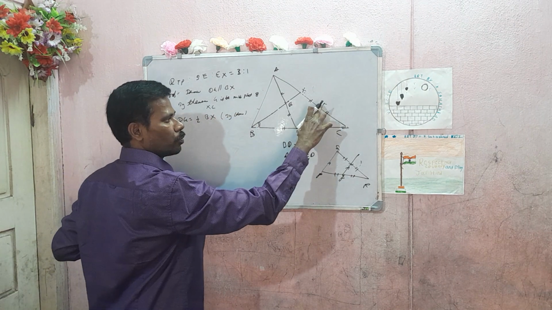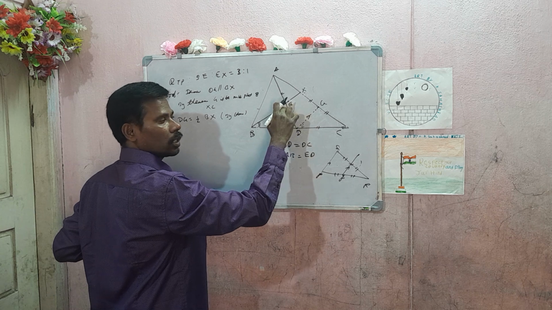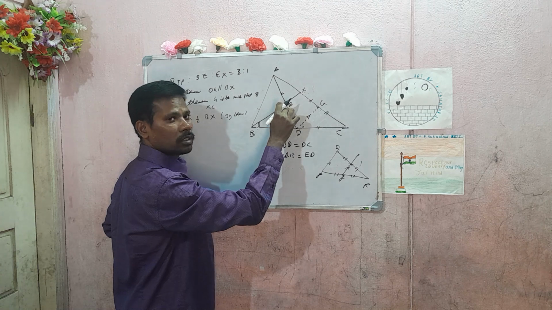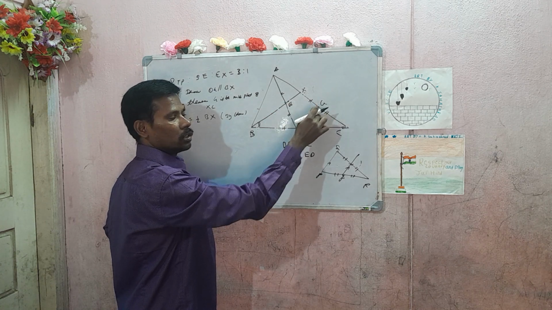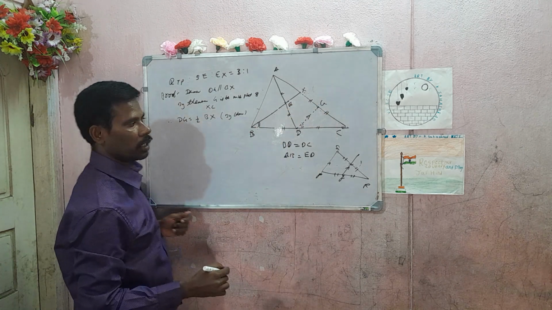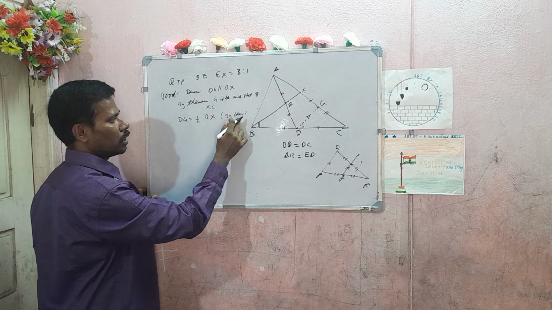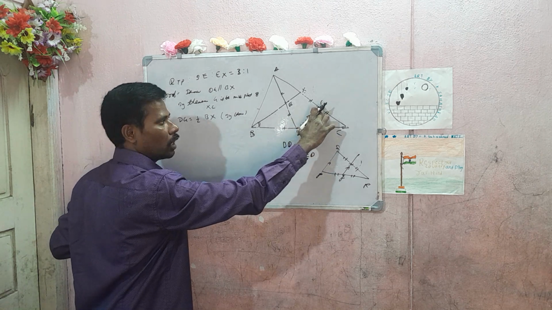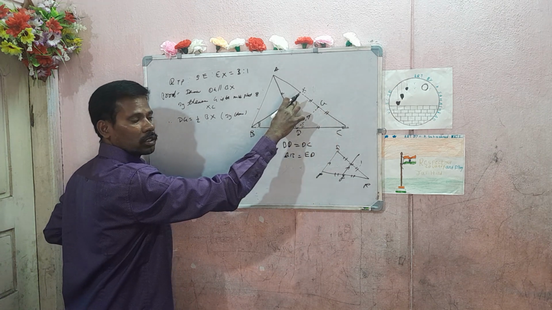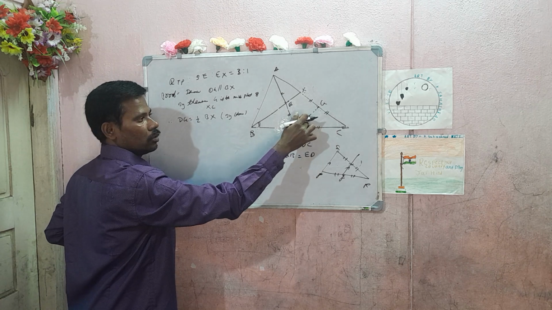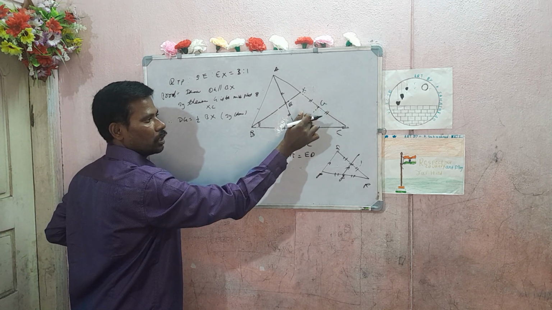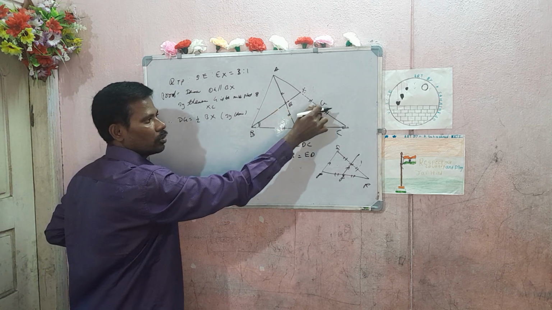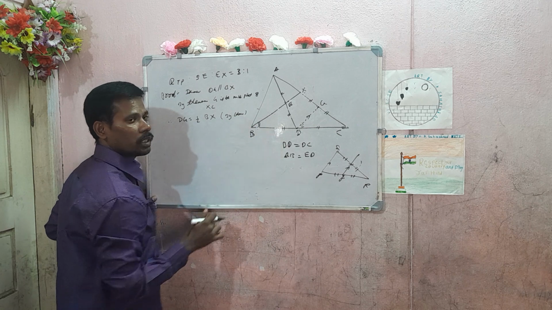The line segment joining the midpoints of two sides of a triangle is parallel to the third side, and also DG is equal to half of BX. By theorem, already I have written, the line segment joining the midpoints of the sides of a triangle is parallel to the third side, and this length DG is equal to half of BX.